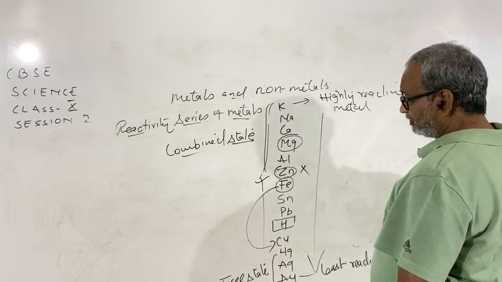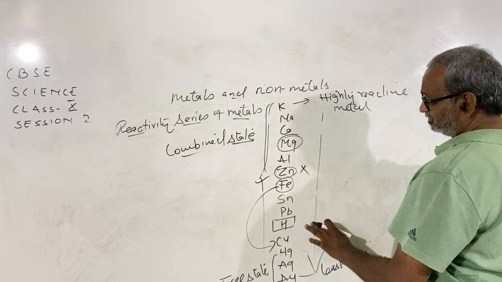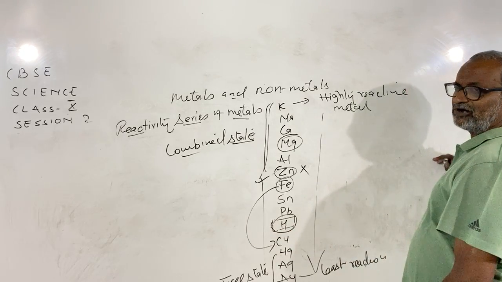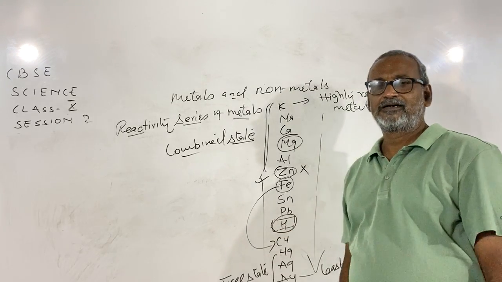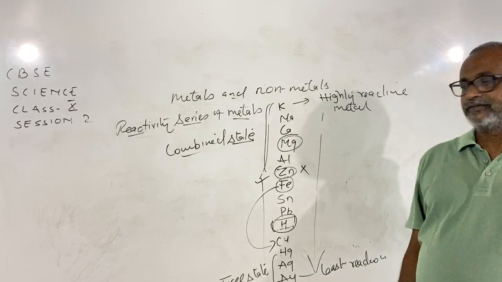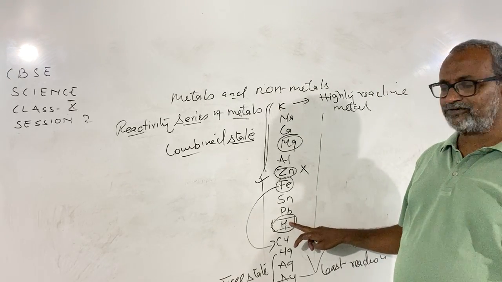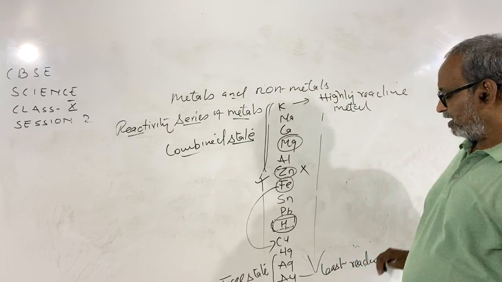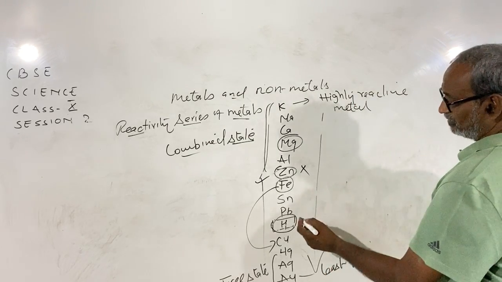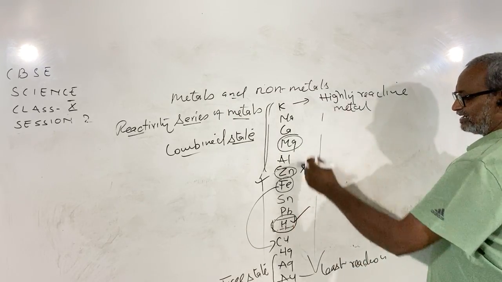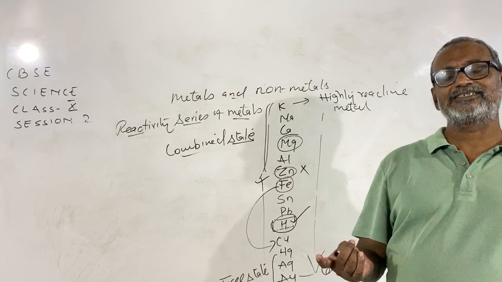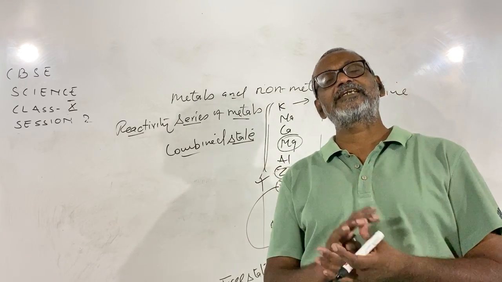You can see that this reactivity series also includes hydrogen, which is not a metal. Then what is hydrogen doing in the reactivity series of metals? The role of hydrogen in the reactivity series is as a reference element.